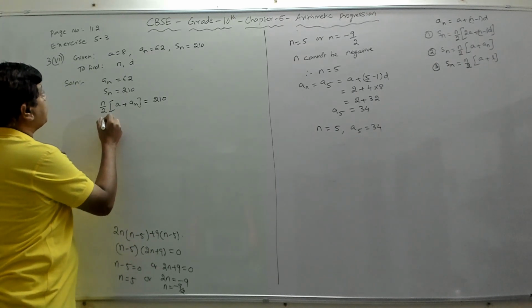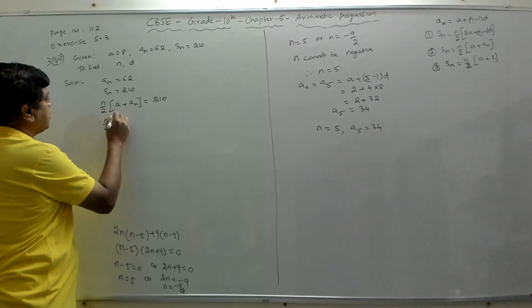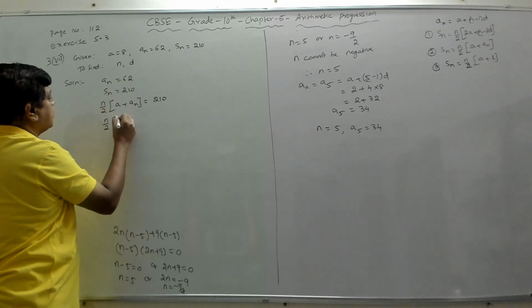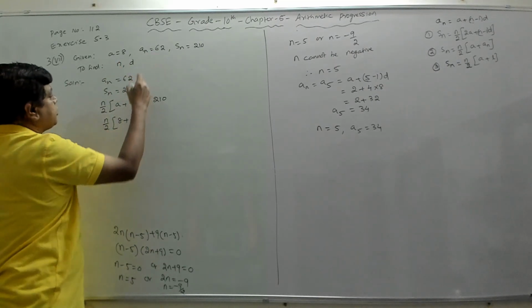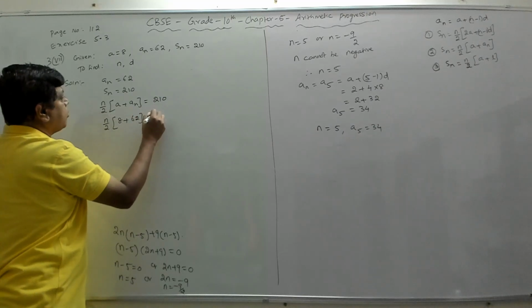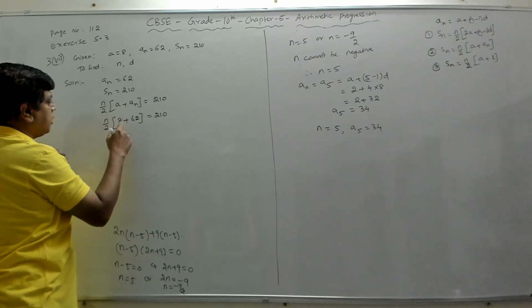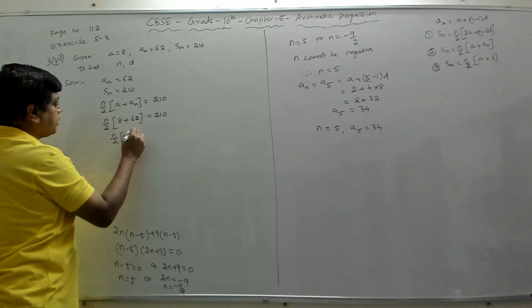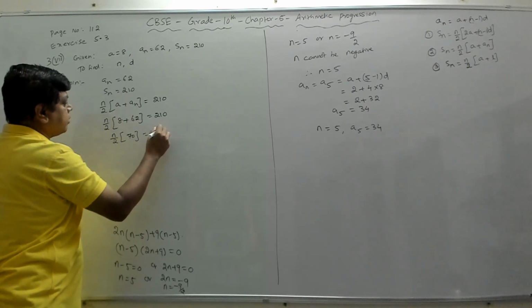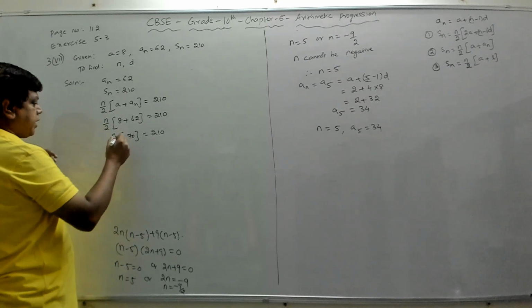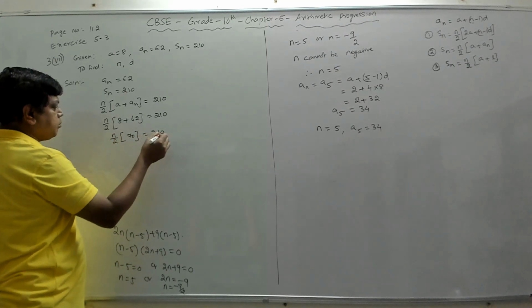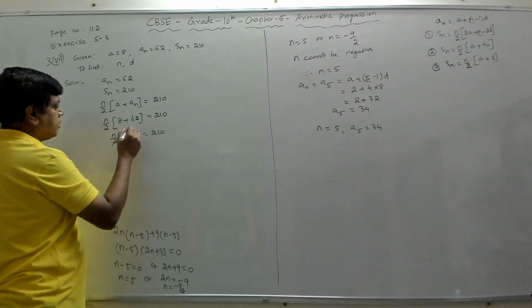So n by 2, n we don't know. A we know is 8, plus an also we know is 62, equal to 210. So you get n by 2 into 8 plus 62 is 70, equal to 210. We can cancel these two and put 35.